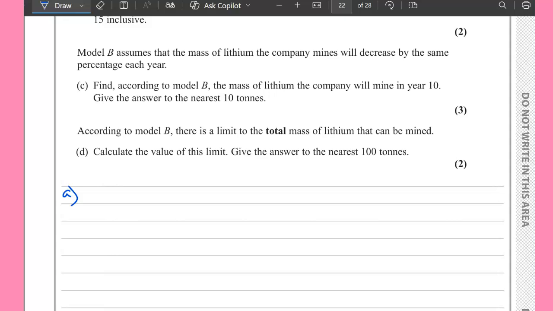Part A, you are required to find the mass of lithium the company will mine in 5 years. So first, we are given the first term to be 12,400. And number 2, we've been given the 15th term to be 7,500.